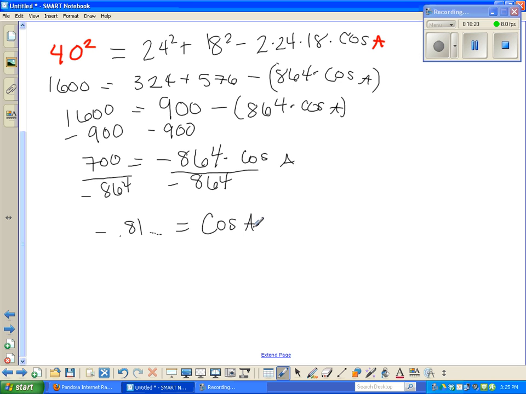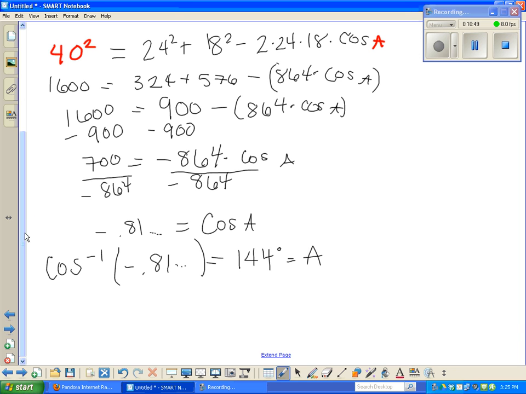And remember, to solve for A now, we need to take the cosine inverse. So I say cosine inverse in my calculator, and then just hit that answer key. Hopefully you guys know where that is since I can't show you right now, but it'll take the whole decimal and put it in here for you. And you hit enter, and I got about 144 degrees. Okay, so that is A. We have solved for A.